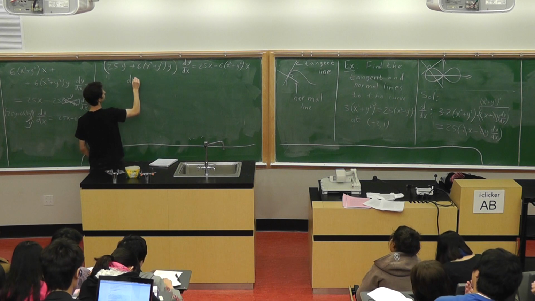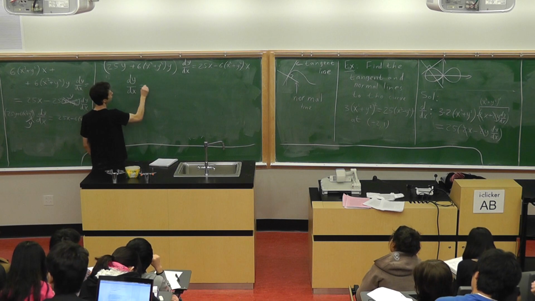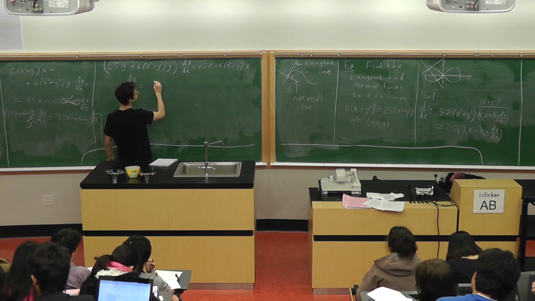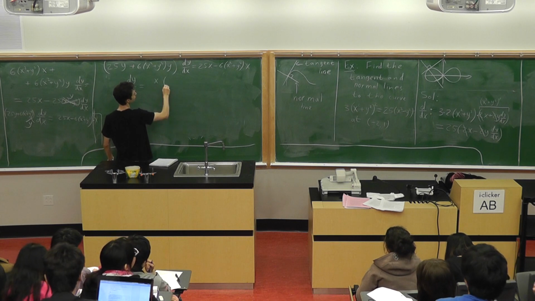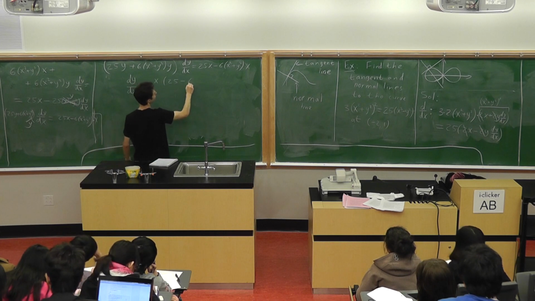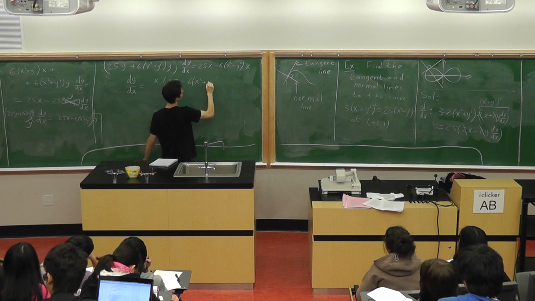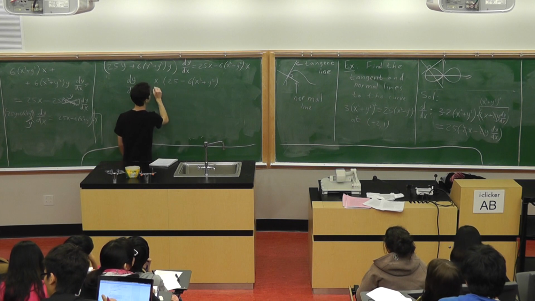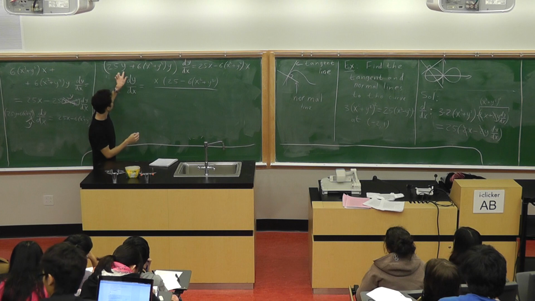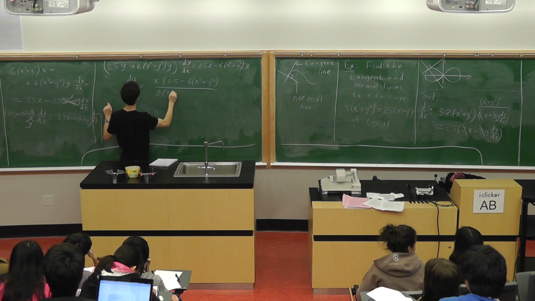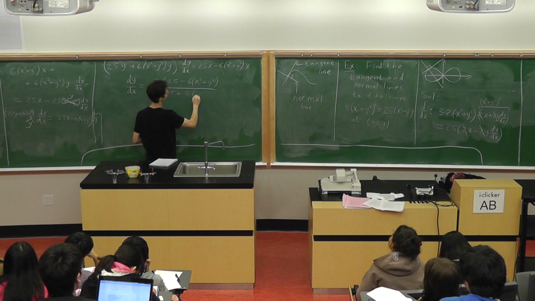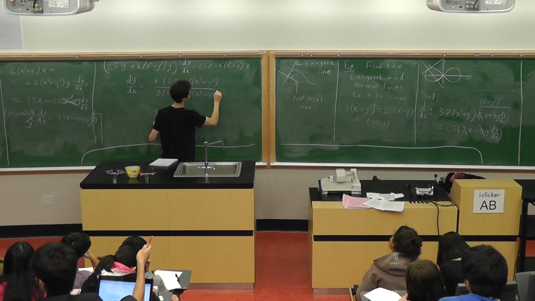So the derivative dy by dx is, well, let me factor out x. x times (25 minus 6 times (x squared plus y squared)). And in the denominator, I factor out the y. y times (25 plus 6 times (x squared plus y squared)).